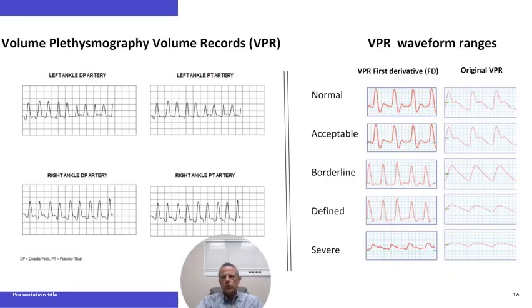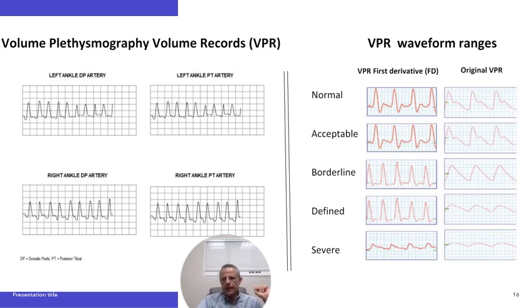All right, so looking at a couple of waveforms that come from the smart ABI system, there is the original volume pulse recording, or PVR. This is primarily what we're talking about and looking at. There are mathematical recalculations that occur that give first derivative. That's as you would expect from calculus. We don't really look at those to any great extent.